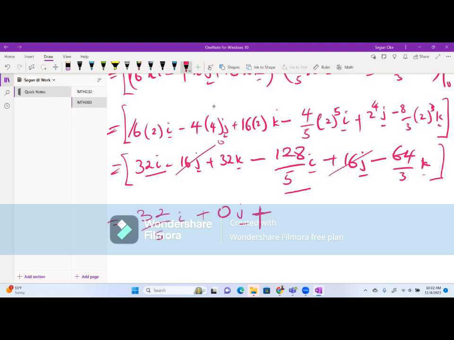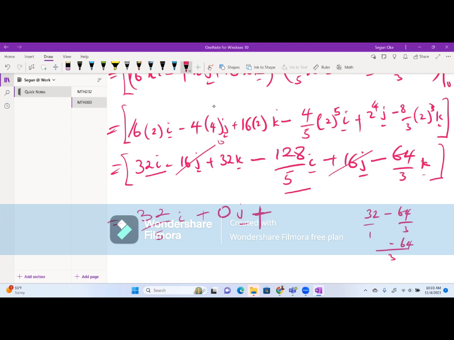So for k, 32 minus 64 over 3. So 3 is here, we have minus 64 here.